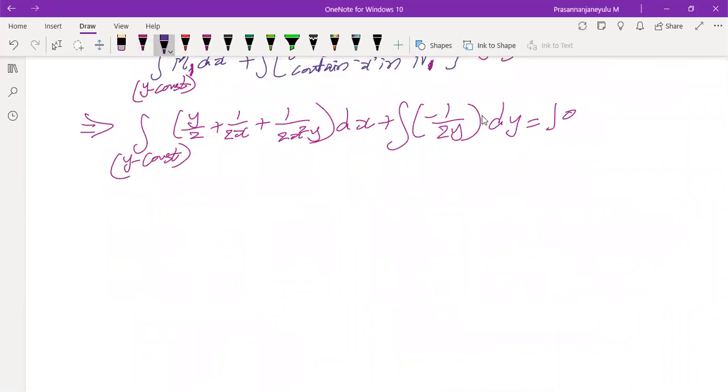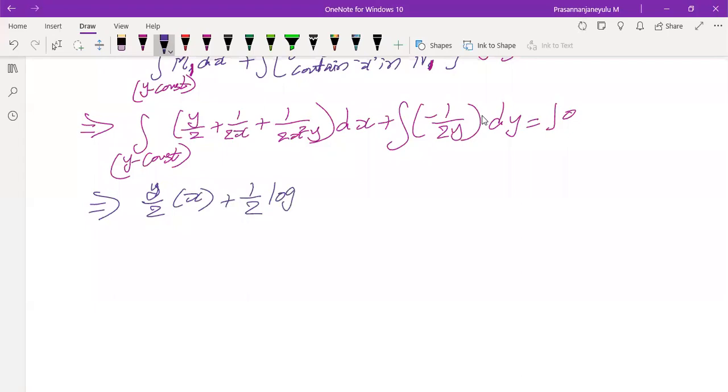Now finding the integration of the first term, which contains again three subterms, we take y as constant. y/2 is constant, and integration of 1 into dx is x. Plus 1/2 into, what is the integration of 1/x into dx?